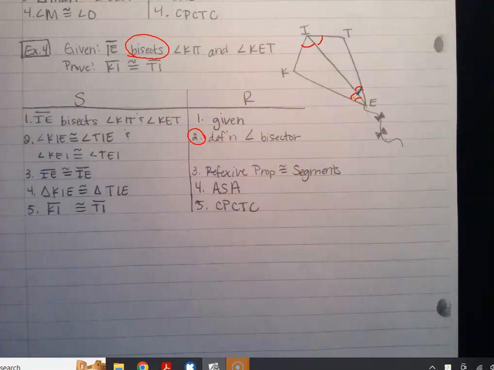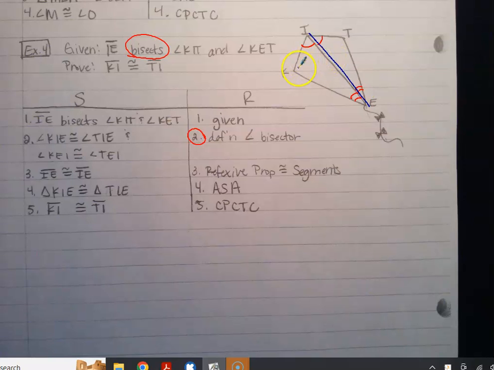Man, I feel like angle side angle, right? Angle side angle needs two angles. If I look at one triangle, like KIE, I have an angle here and an angle here. What side do I need to be congruent? The middle one. And that would take care of both triangles, right?